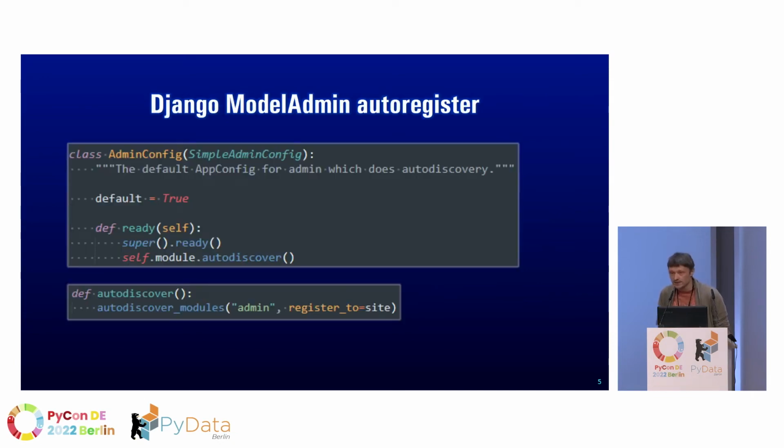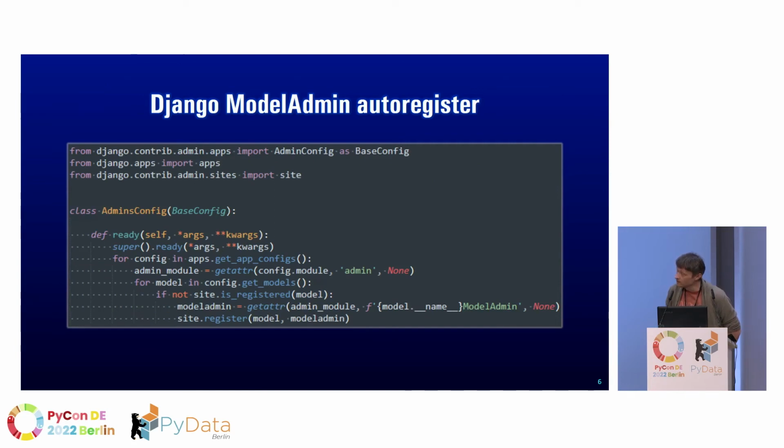It's very easy. Django registers our model admins on the admin side automatically on start. And Django uses for that the ready method from the admin config.